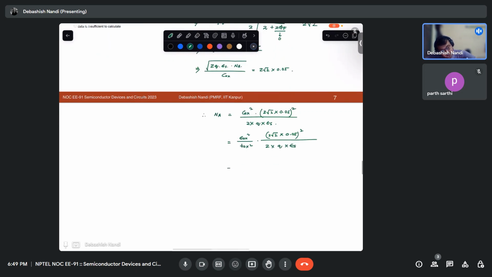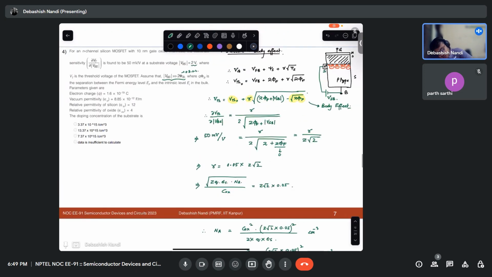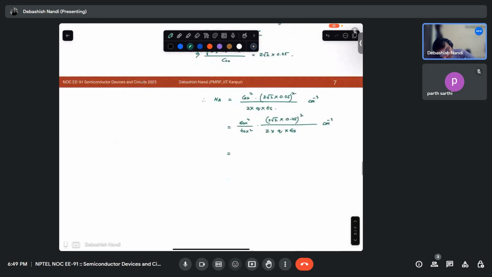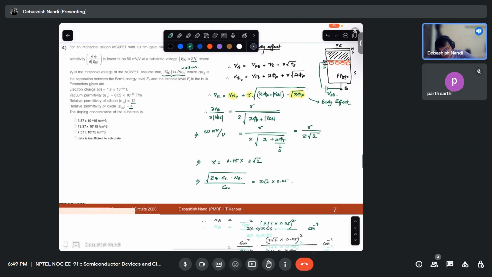So if you do that, and everything is calculated in centimeter cube. Okay. So Eox will be what? E is given as 4 and 12 it is given. So Eox will be 4 times 8.85 into 10 raised to minus 14. And what is your Tox?